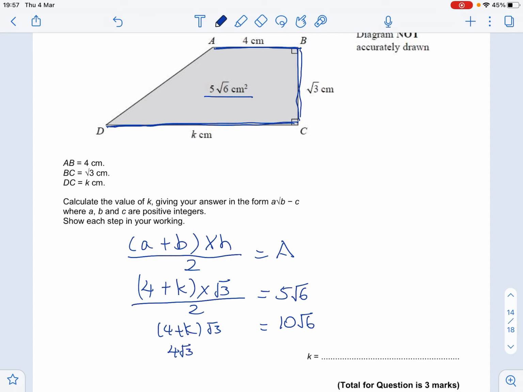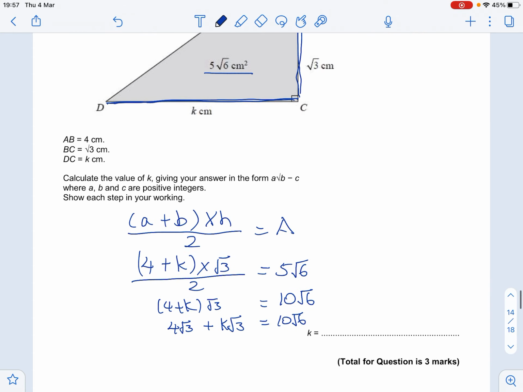So I have 4√3 plus k√3 equals 10√6. So k√3 equals 10√6 minus 4√3, then divide by √3.